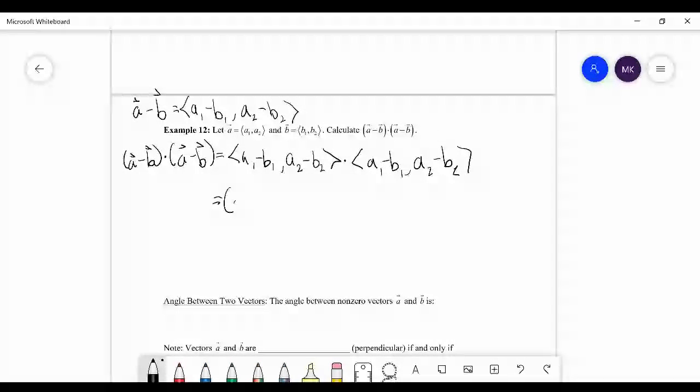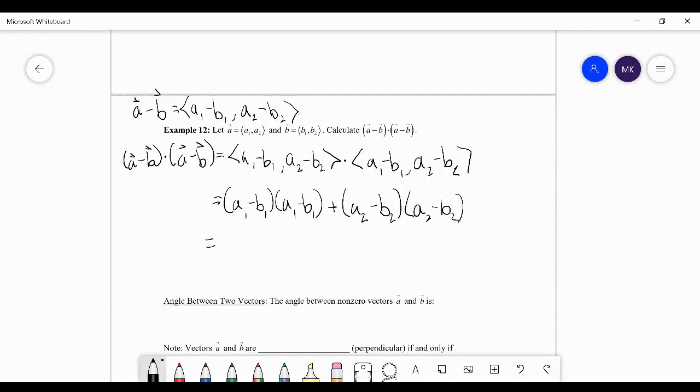And that's just component-wise, right? So we have A1 minus B1 times A1 minus B1 plus A2 minus B2 times A2 minus B2.